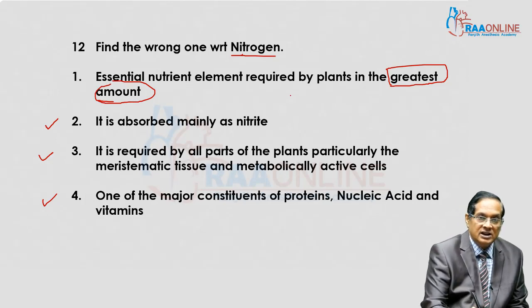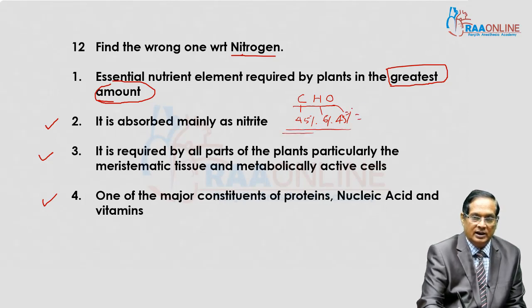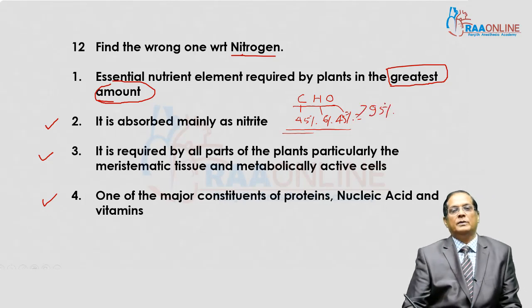First three, CHON. CHO, these three elements: carbon approximately 45%, hydrogen approximately 6%, and oxygen approximately. These three elements in plant are present more than 95%.